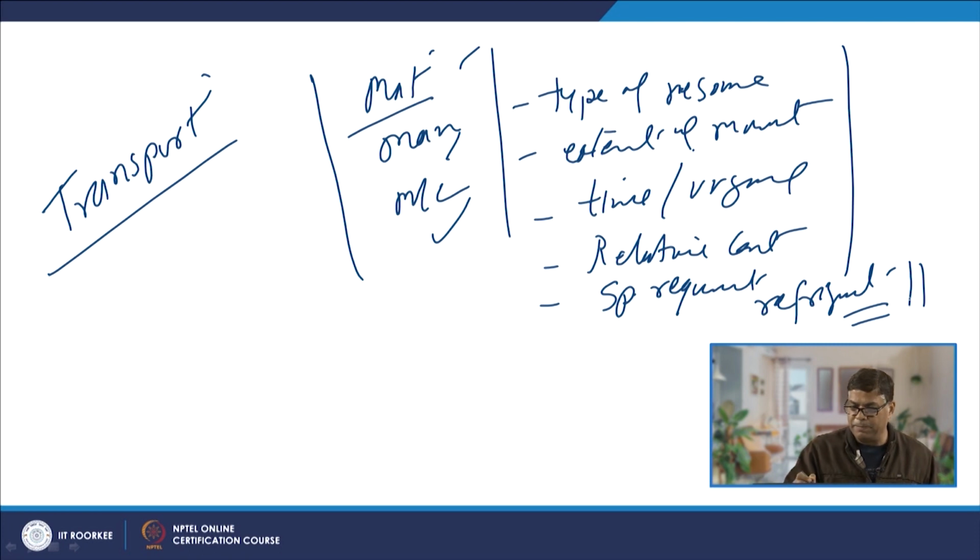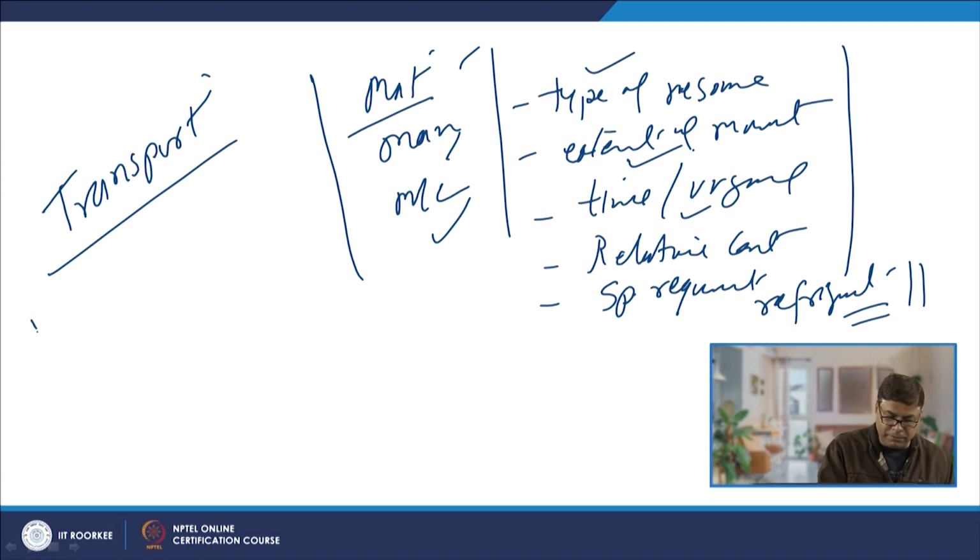So, depending upon the type of resource to be moved, the extent of the movement, which may be in numbers, kgs, volumes, liters, and then the urgency and speed at which things are to be moved, relative cost, etc., accordingly we have various options to move the resources.